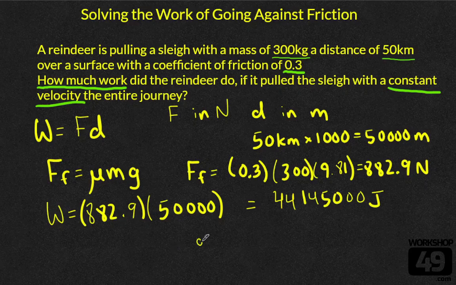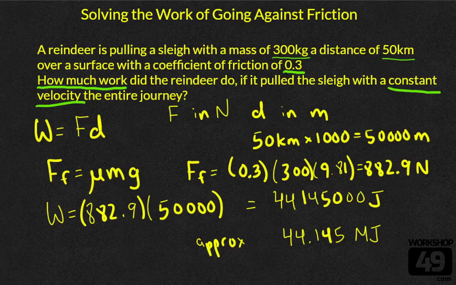We could even approximate this as 44.145 megajoules. Not much of an approximation. I didn't want to round that too much there. Megajoules. That is a ton of work for this little reindeer.